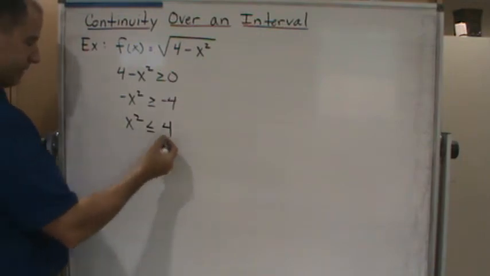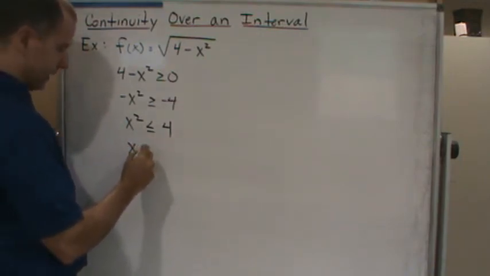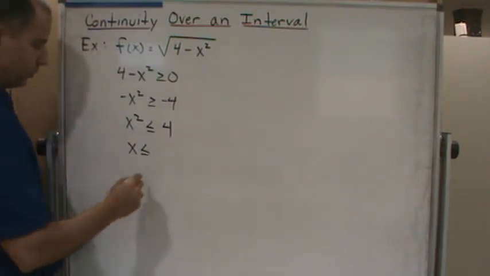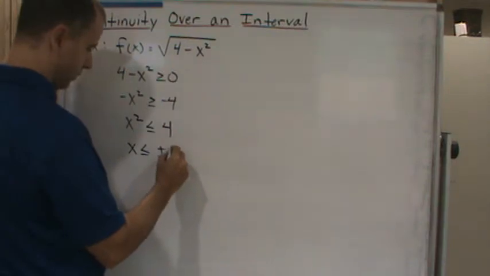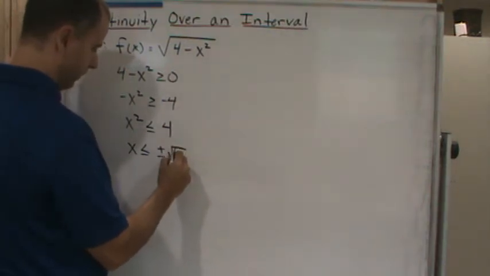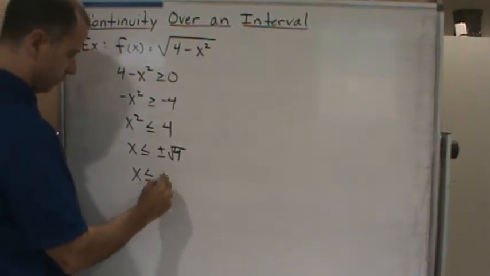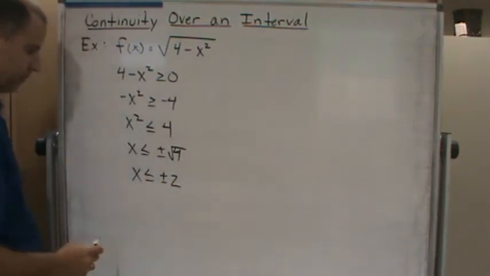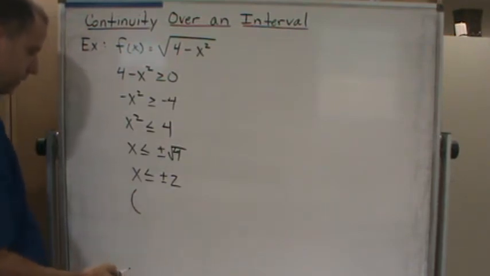Now, if I take the square root of both sides, I get x is less than or equal to plus or minus the square root of 4, which means plus or minus 2. So that means the domain is going to be what?